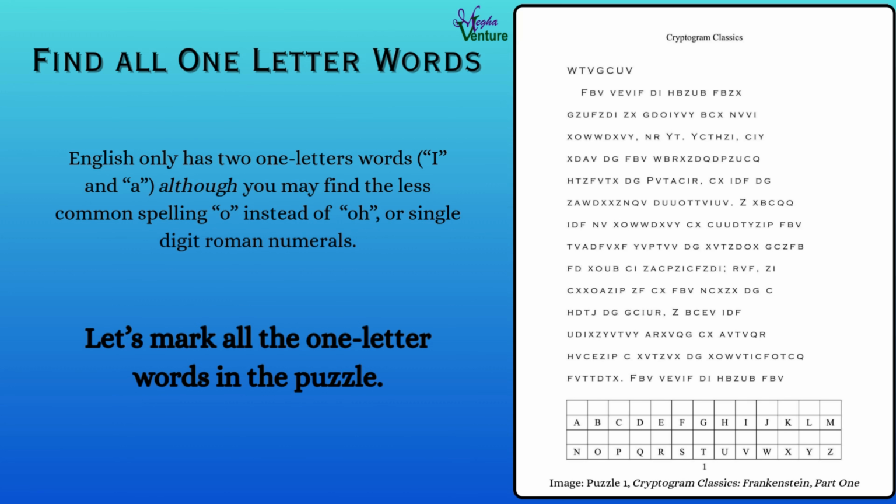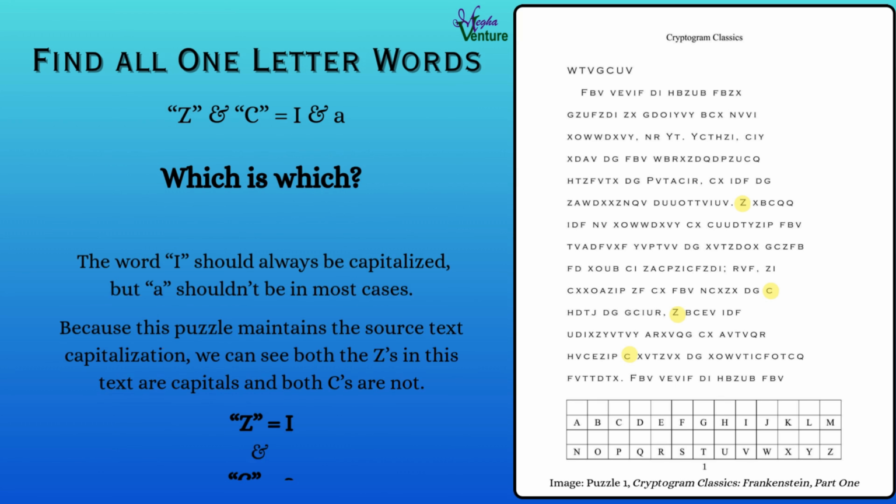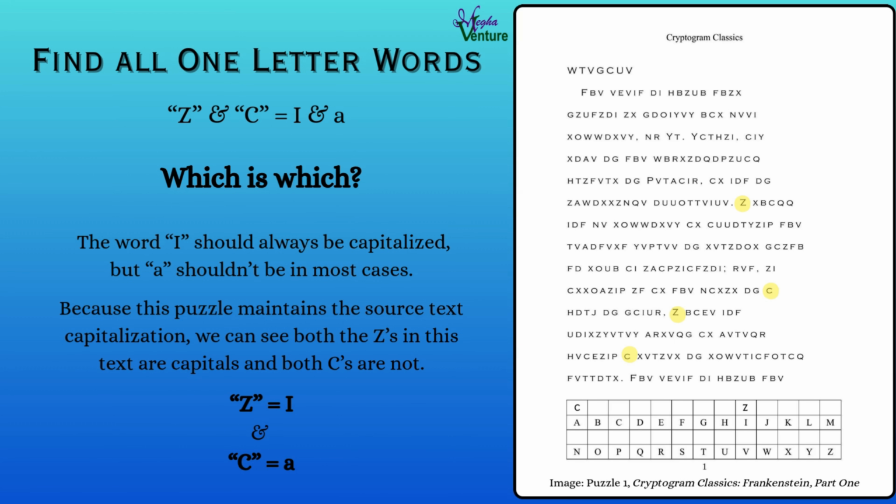We want to start with one-letter words, because in English there are only 2. Although, you may see O spelled as only the letter O, or single-digit Roman numerals. Let's mark all the one-letter words in the puzzle. We found 2, Z and C. So we know that Z and C in the puzzle have to be either I or A, but how do we know which is which?